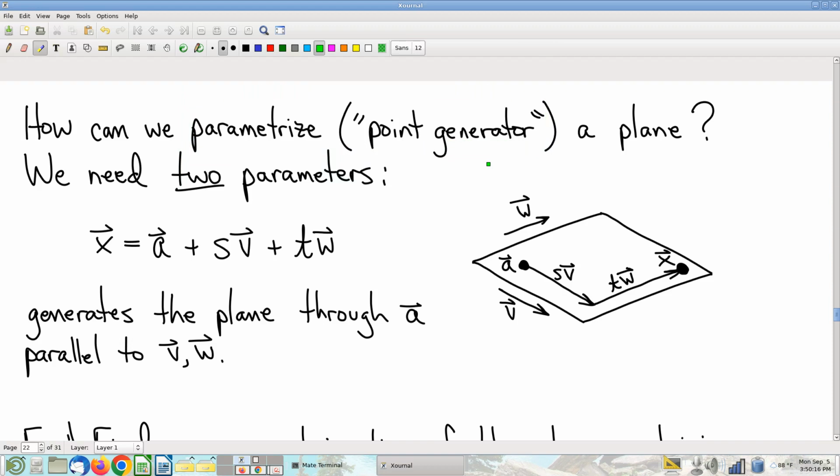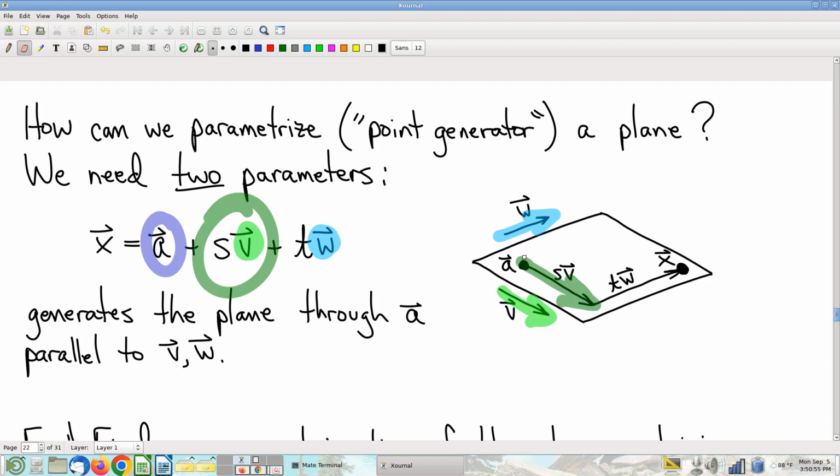Here's how we do it. You have a point in your plane. You have a vector parallel to the plane, another vector parallel to the plane. And observe that with these objects, if you have a point in the plane and a couple of vectors parallel that point in different directions, right? Not dependent, then by scalar multiples, you can go in some sense as far as you want in the v direction, and you can go, bad color choice.